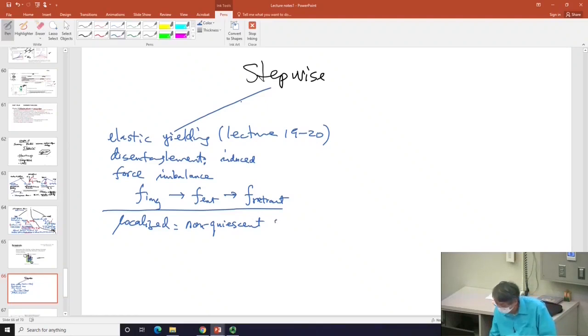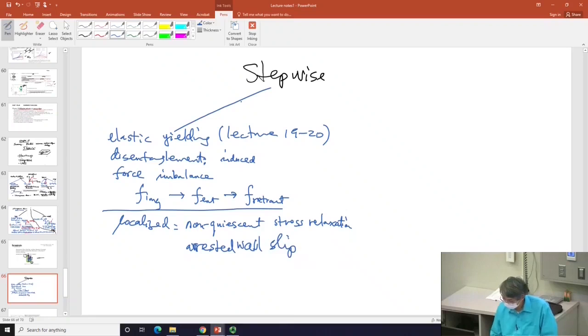And if I may continue along this thread, then there is also a related wall slip for the same physics, and that's discussed in lecture 21.